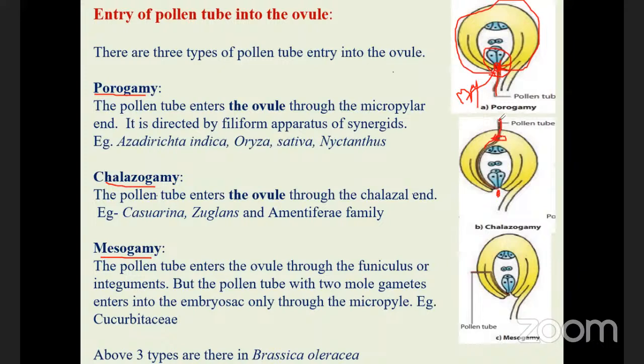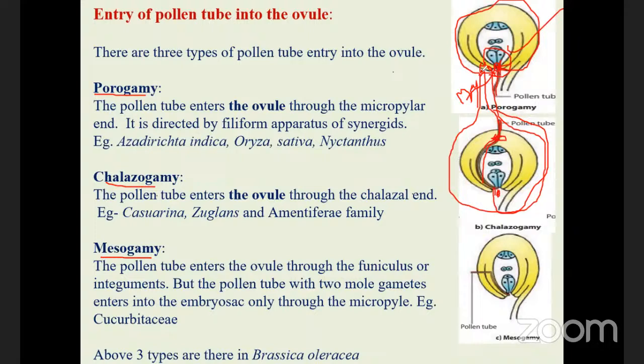That means here what happens? The pollen tubes which reach the ovule through the chalazal end, not from the micropylar end. If it reaches through the micropylar end, that is porogamy.